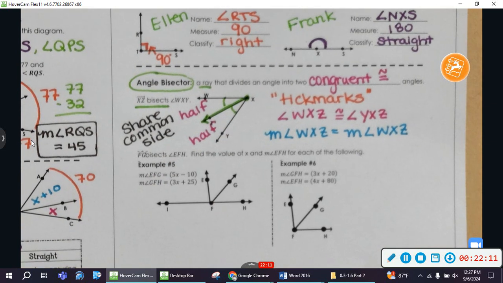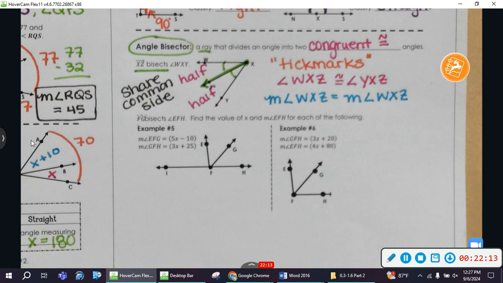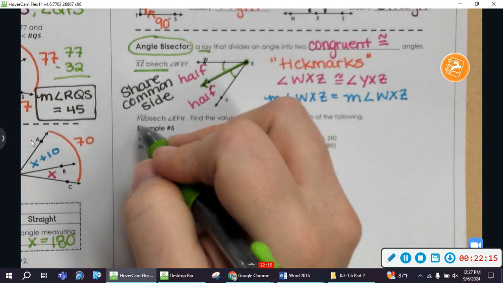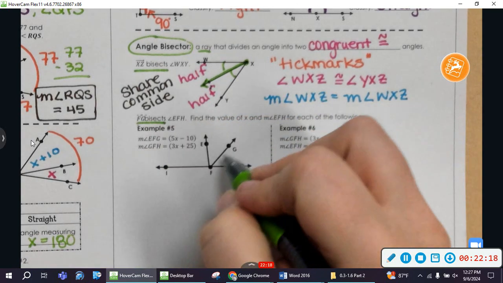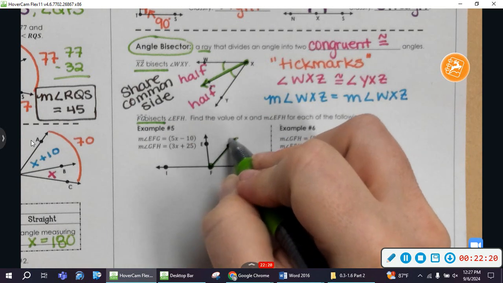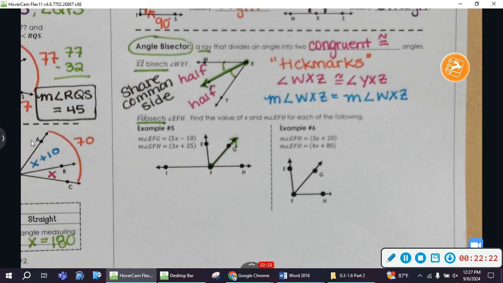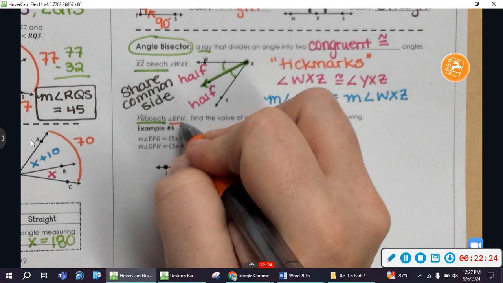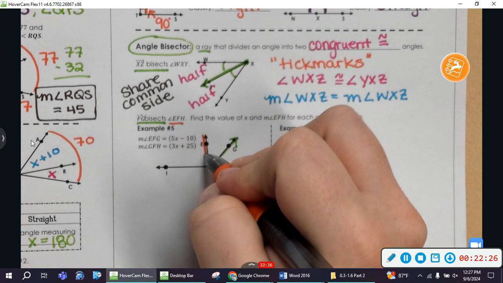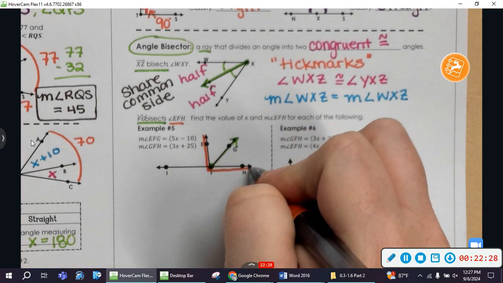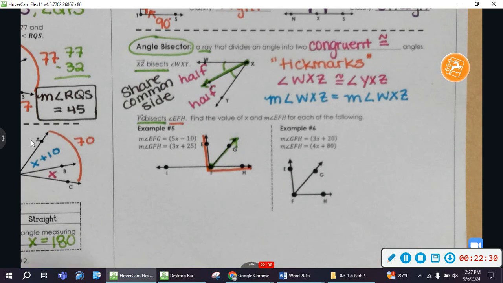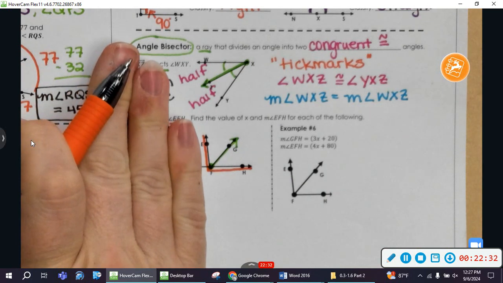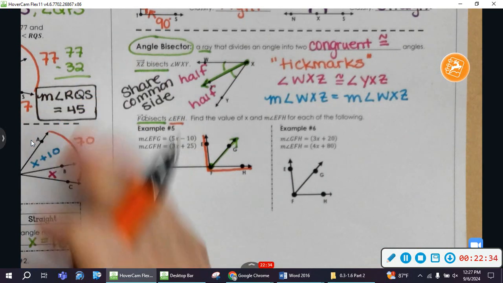So down here, we're going to look at our information. It says that ray FG is the bisector, and it's bisecting angle EFH. So we actually were given an extension over here that we really don't even need.